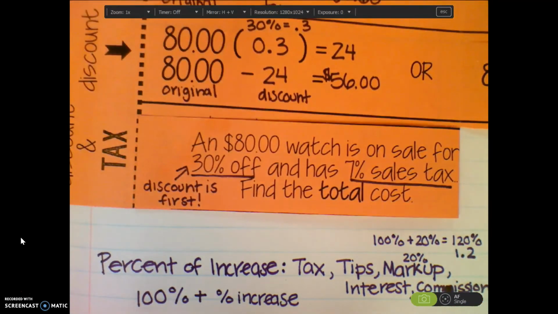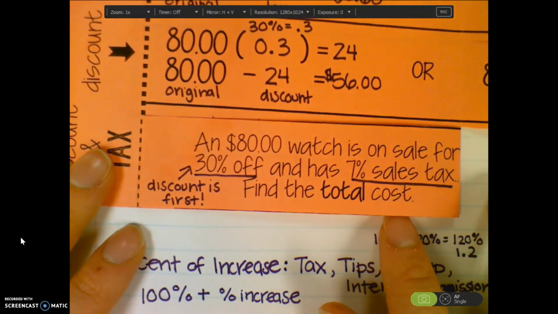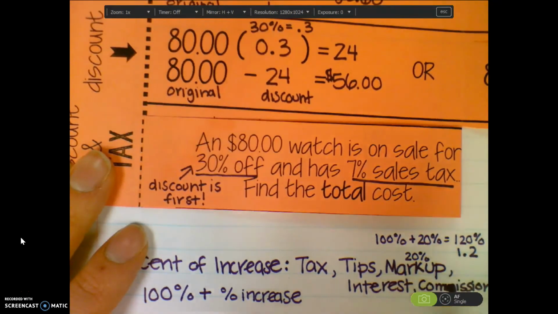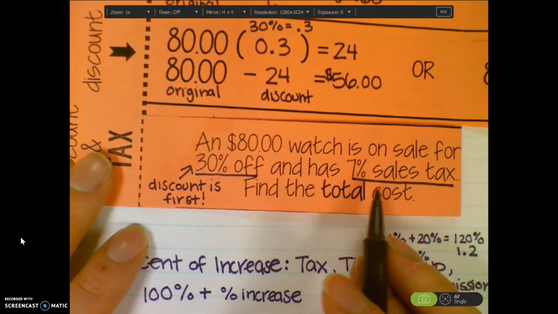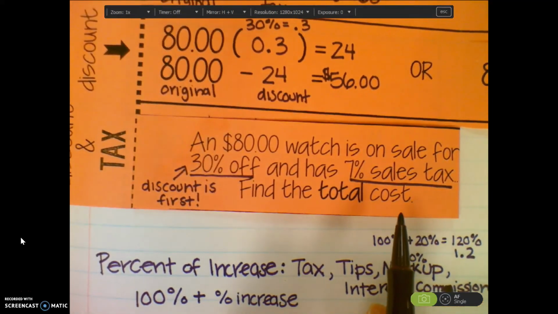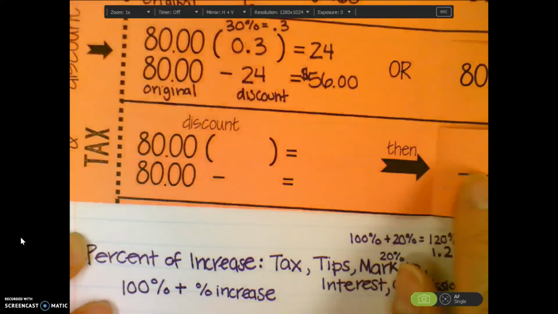When you have a discount with a discount, you can do those in layers, one and the other, but when you have a priority level, it's always going to be the discount first. So that tax, think about this, is 7% of any total going to be the same? No, it depends on how much you started with. So the tax is always based off of the discounted amount.